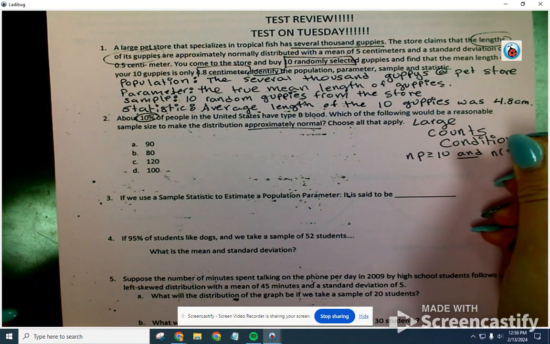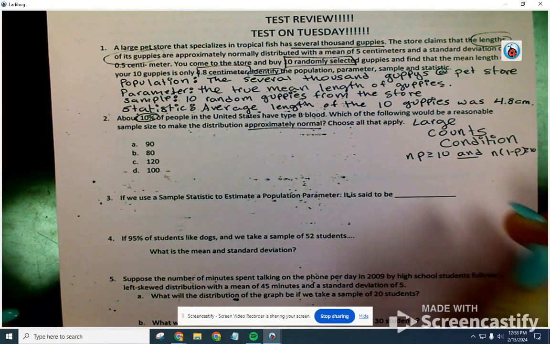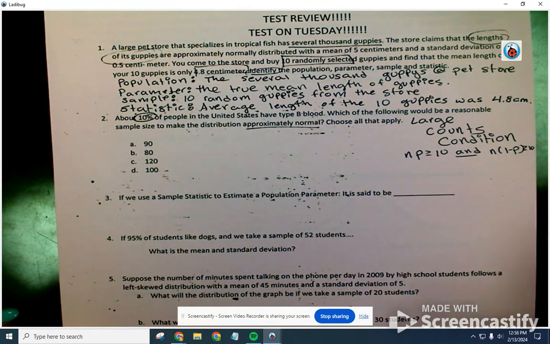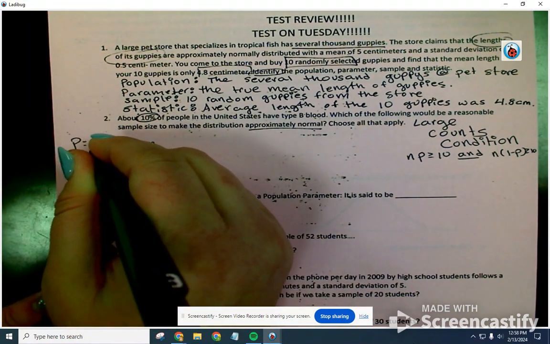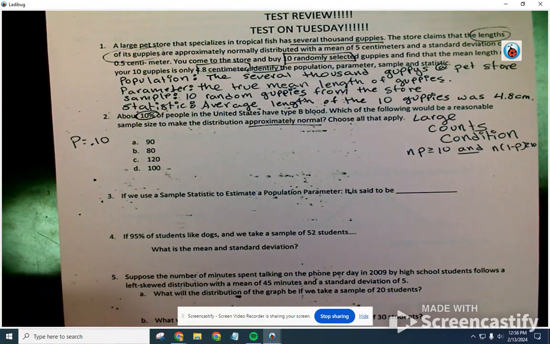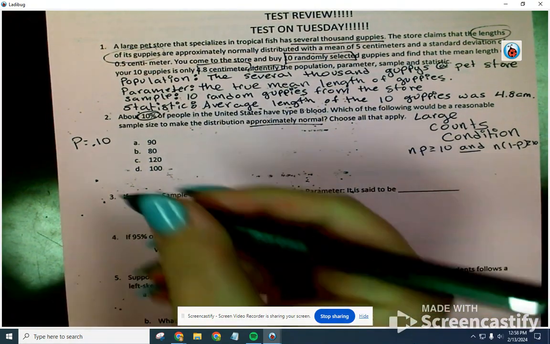And n times 1 minus p must also be greater than or equal to 10. If both of these work, then it is said to be a good distribution. So for this problem, we're going to let p equal 0.10. Never, ever, ever use a whole number for a proportion because all proportions are less than 1. And the answer choices are going to be our sample size.